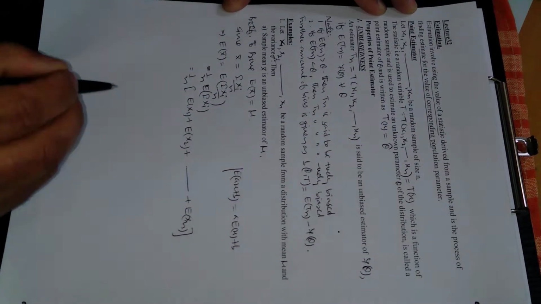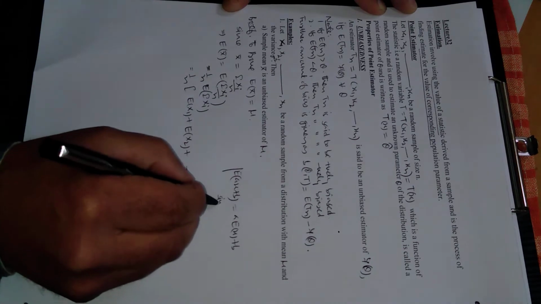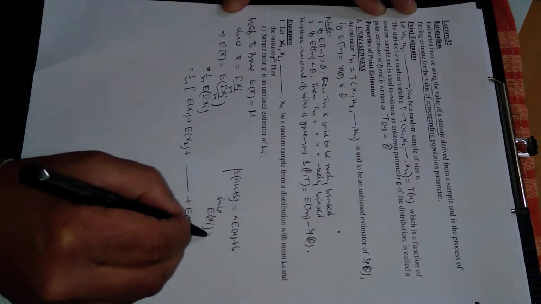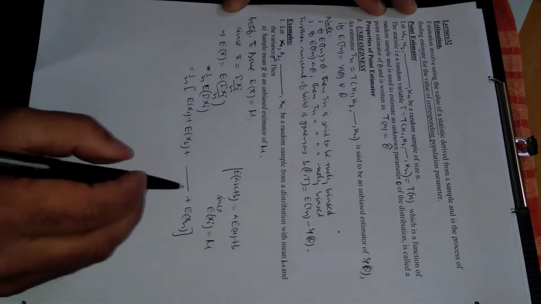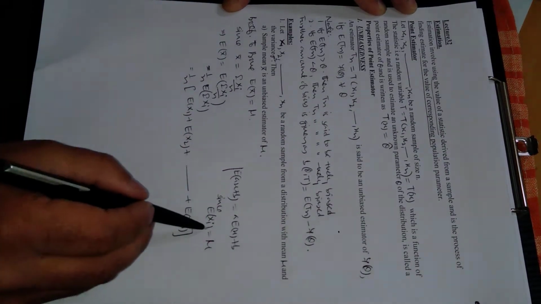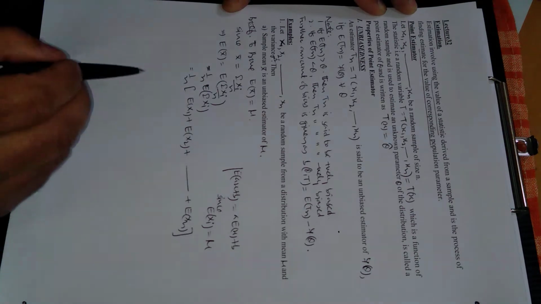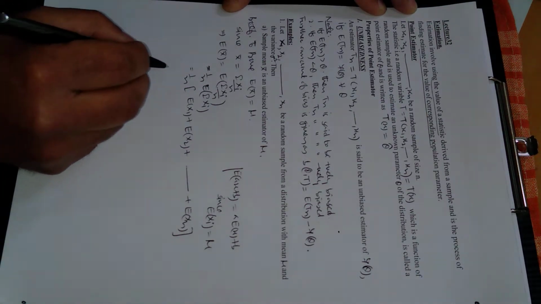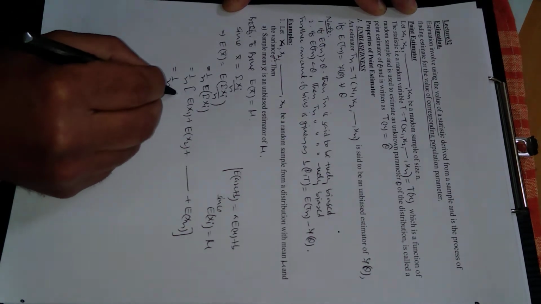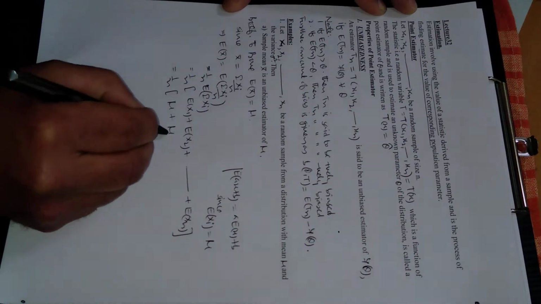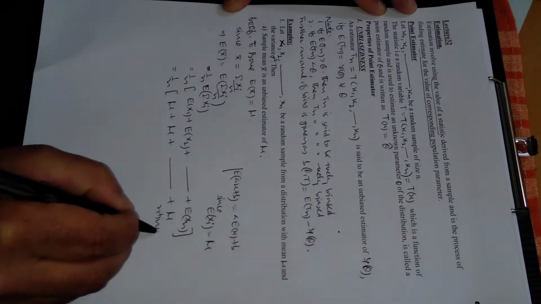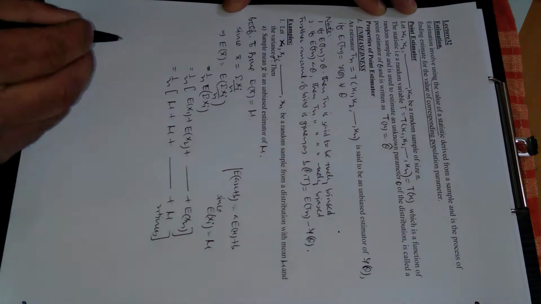We also know this result, since the expected value of each of the random variables is equal to the mean of the population. It means E of x1 will be mu, E of x2 will also be mu, and E of xn will also be mu. In fact, all of these expected values will be mu. So we can write here mu plus mu plus mu, n times because of this result.